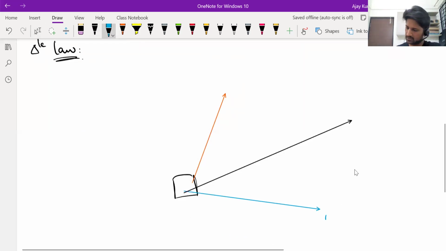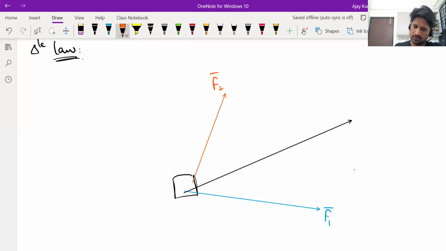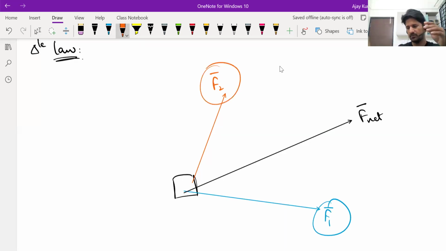So if this is one force F1, this is another force F2, then this is the resultant of the two forces. Makes sense, no? You imagine an object, one person trying to push it this way, another person trying to push it this way. Effectively, it will go somewhere in between, no? That is what we mean by the resultant of two vectors.